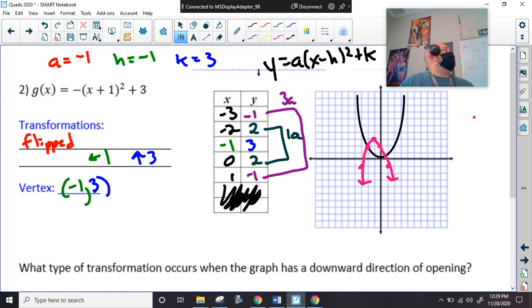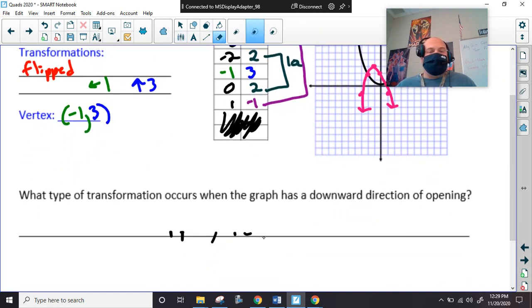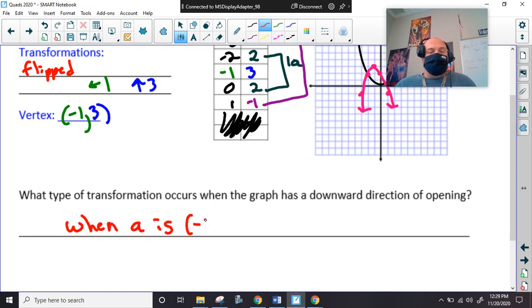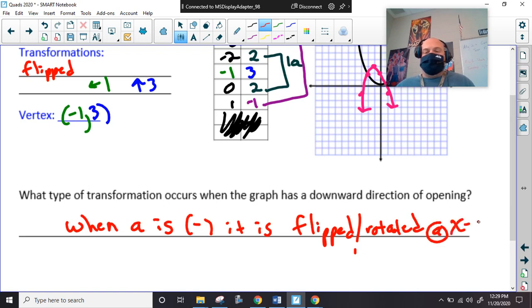We should already know the answer to this, where it says what type of transformation occurs when it has the direction of opening, because that's our A. So when A is negative, it is flipped/rotated at the x-axis.